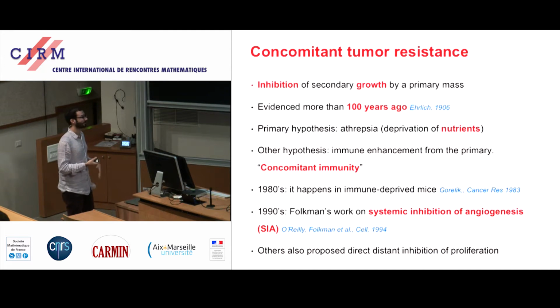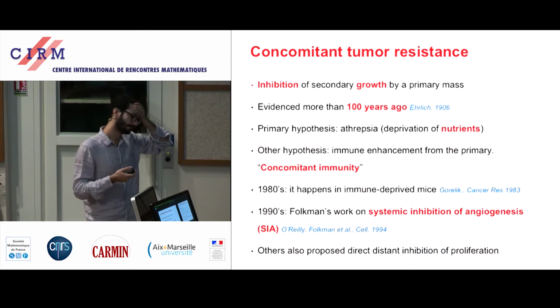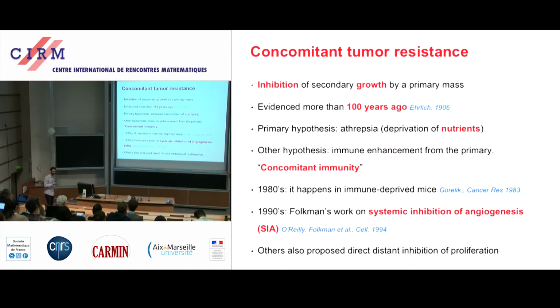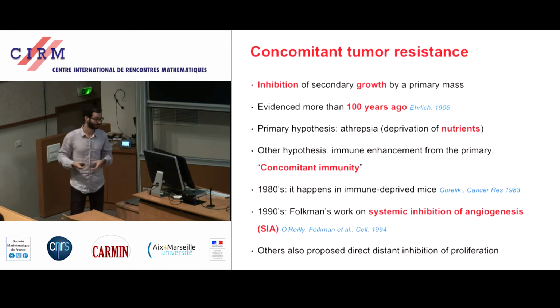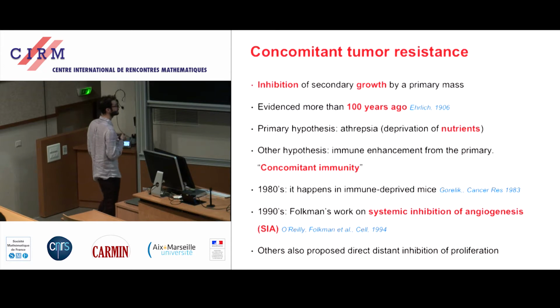Another hypothesis, termed concomitant immunity, was that the presence of a primary implant stimulates the immune system, so that when there's a secondary tumor, it inhibits its growth. But it was discovered in the 80s that it also happened in immune-deprived mice, invalidating this hypothesis.